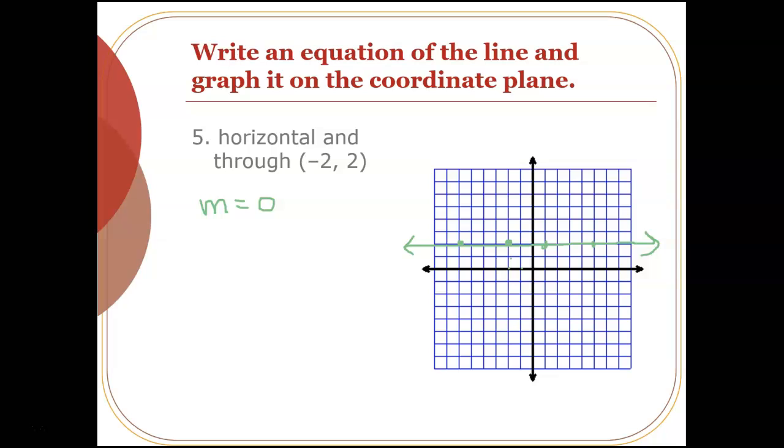So you're going to draw a line where all of the y values are 2, which means the equation of your line is y equals 2. I know this seems easy, but every time I give a test, we usually miss one of these.